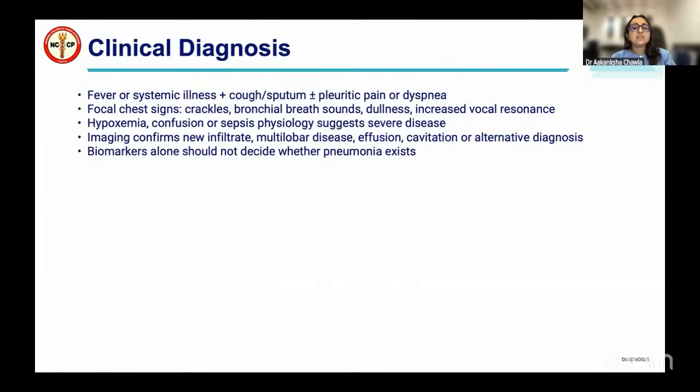If the patient has a severe disease, then he may present with hypoxemia, confusion, features of sepsis, or even septic shock. And when you look at the initial chest X-ray, you would find a new infiltrate, maybe a unilobar or a multilobar disease, effusion, cavitation. So biomarkers alone should not decide whether pneumonia exists or not. It is a whole picture together, along with the presentation, the examination, as well as the imaging.